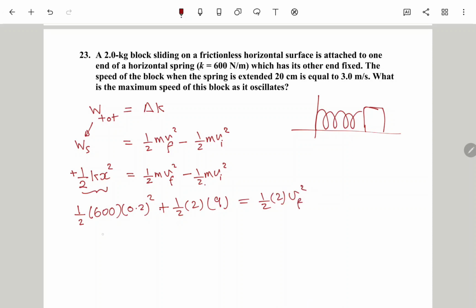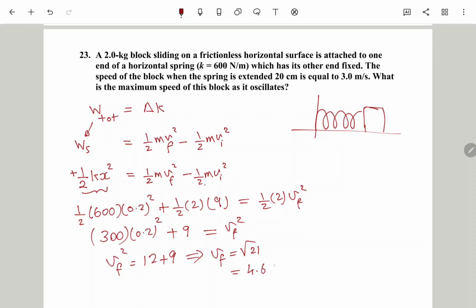You substitute numbers, you will get 300 times 0.2 square plus 9 equal to V final square, or V final equal to square root of 12 plus 9, or V final equal to square root of 21. In other words, it's 4.6 meter per second.